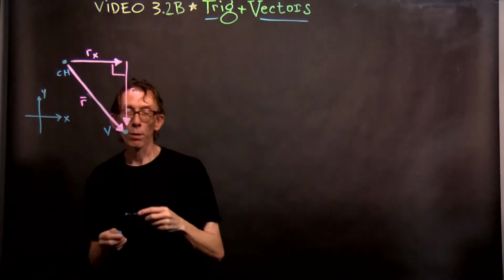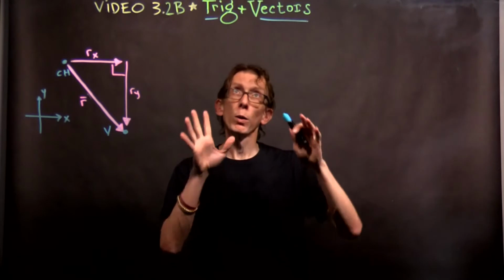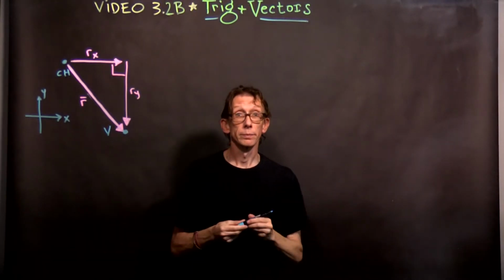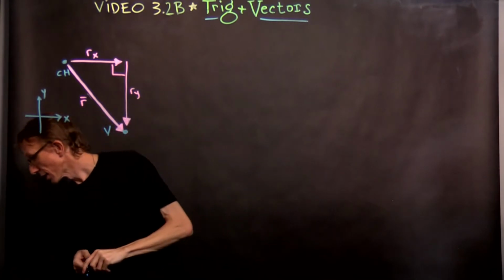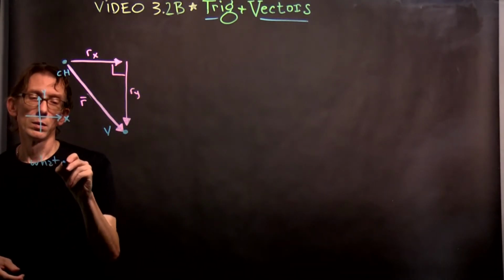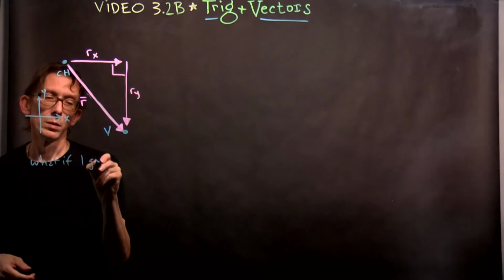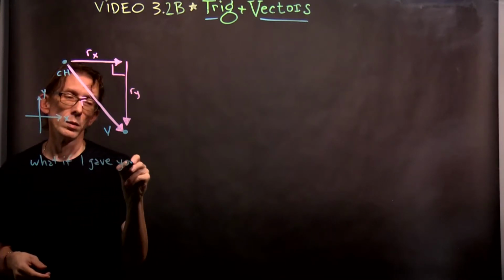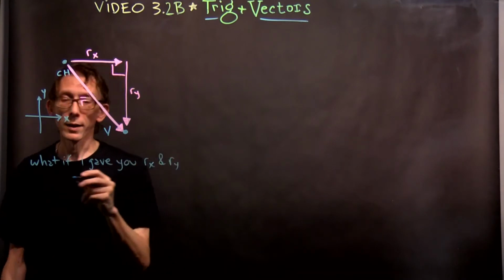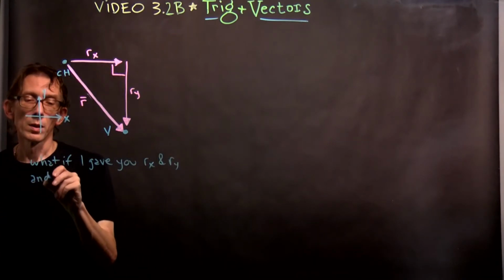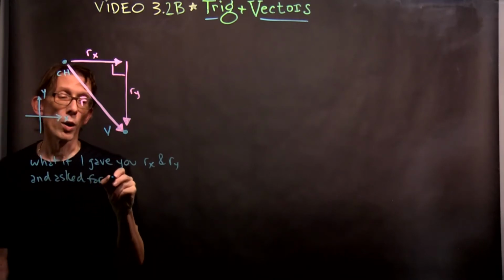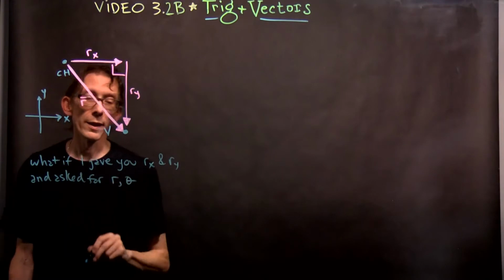Now, in order to see how trigonometry connects with vectors, I'm going to ask a question. What if I gave you Rx and Ry and asked for R and theta?